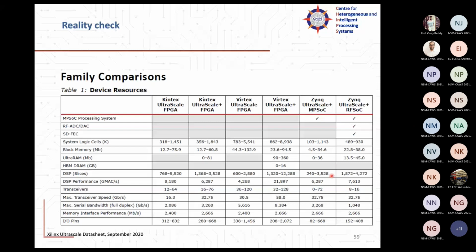So if this is the kind of 4,000 operations that can be run in parallel on a single device that you're thinking of, frequency of execution is not a concern. Does that make sense? Even if the FPGA operates at lower frequencies, you're still way ahead in terms of the number of operations that you're actually performing in parallel. Right? And what is the kind of logic that is available? We have up to 1,000 kilo cells.